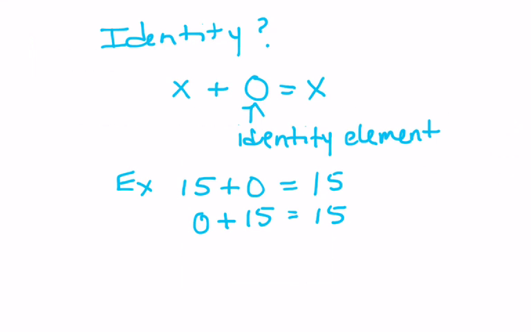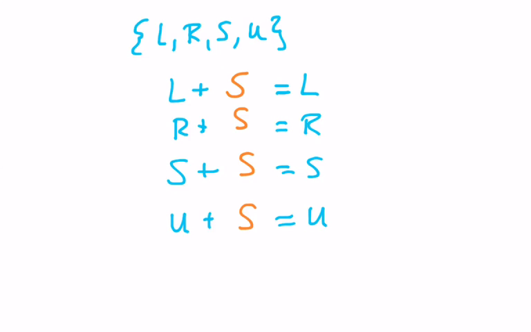Right. Now we also have to check the other direction, particularly if we didn't know that this was commutative. We want to say what plus L equals L, what plus R equals R, and so forth.